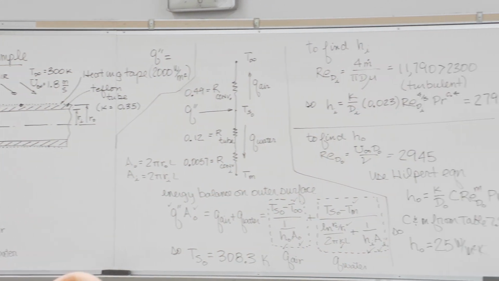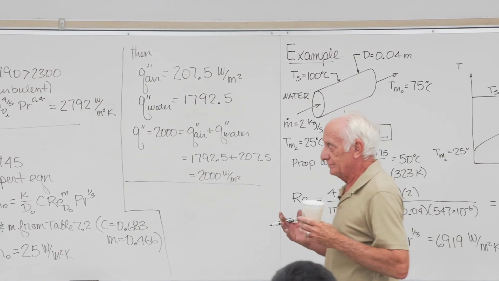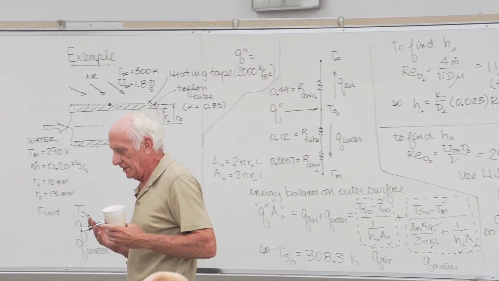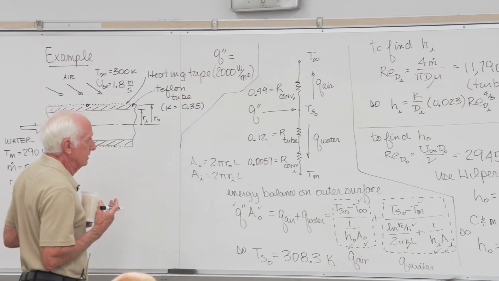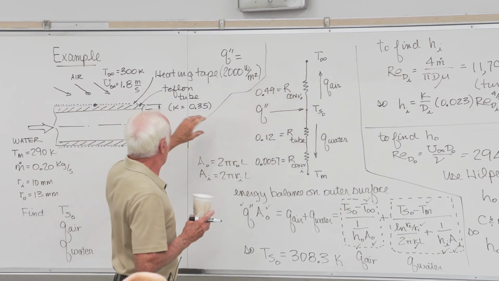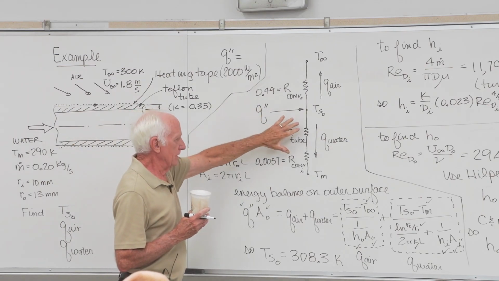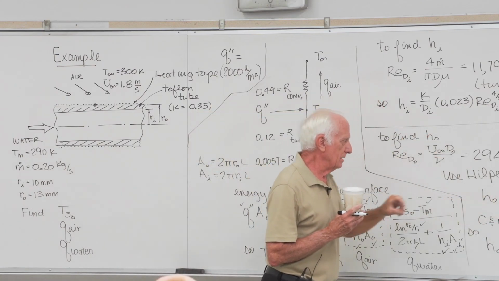So this is a great problem because it's called a combined heat transfer problem. It combines chapter 3, chapter 7, chapter 8. It involves understanding this picture, what's going on from that picture to this picture. Then take this picture and see what you need to find: h inside, h outside.